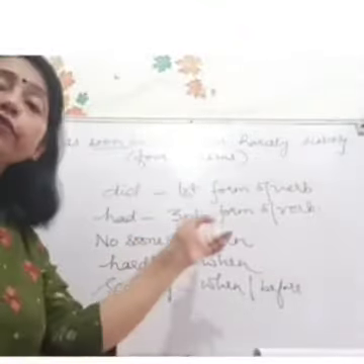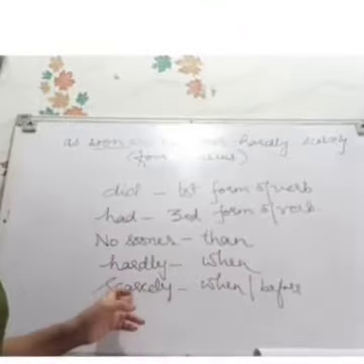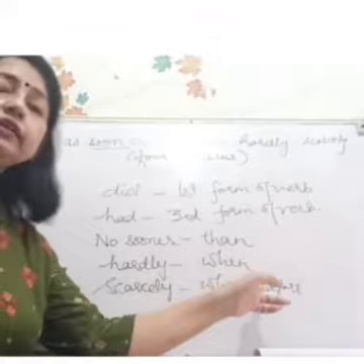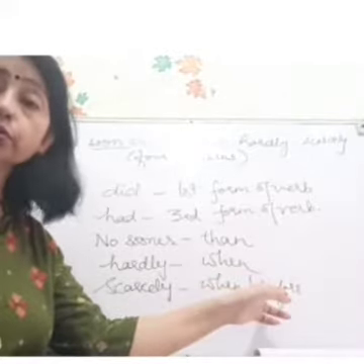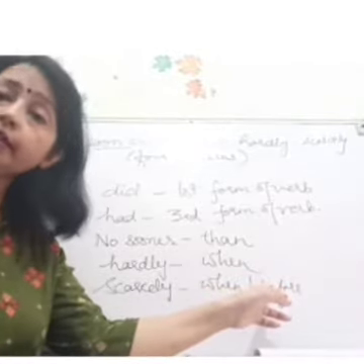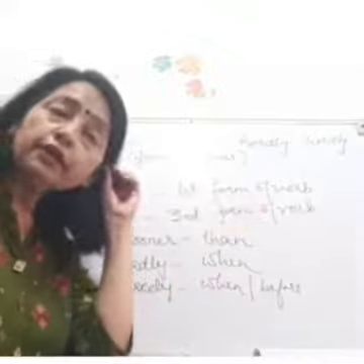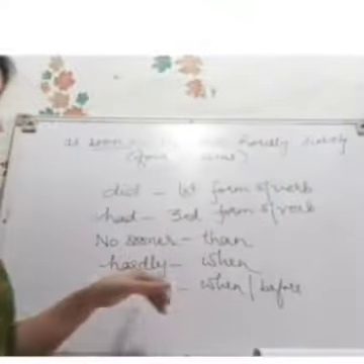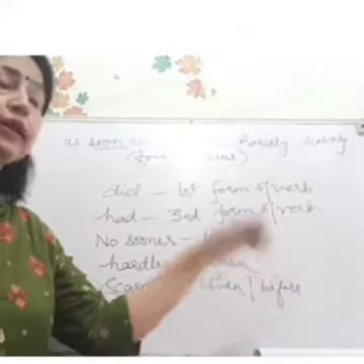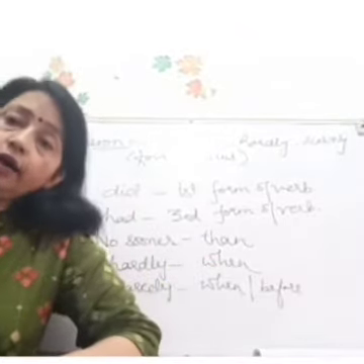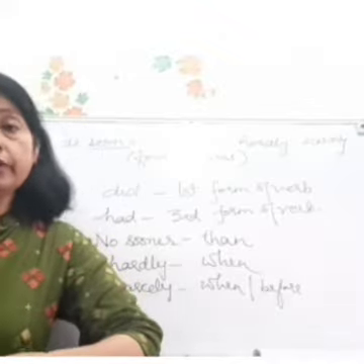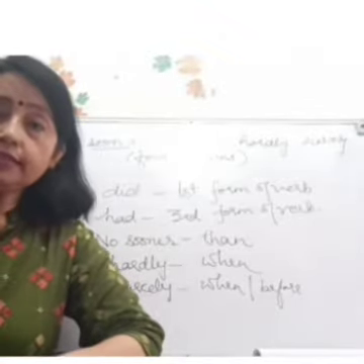With hardly we use when, and with scarcely we use when most commonly, but in some books before is also used, so we should not ignore it. If we are using before, it is also not wrong. Clear? So with scarcely you can use when or before. I think you have understood well the transformation of sentences.